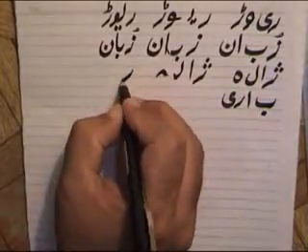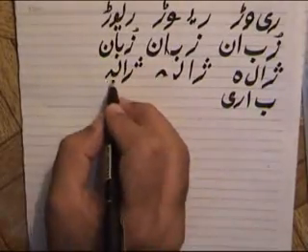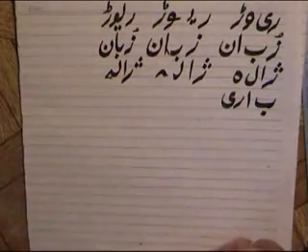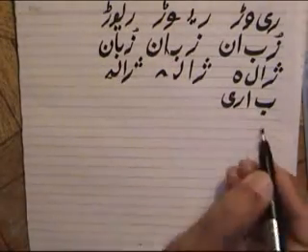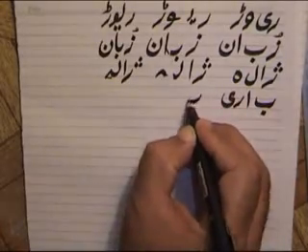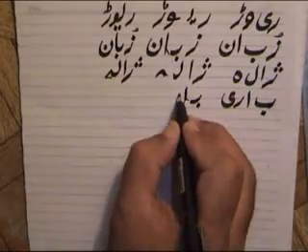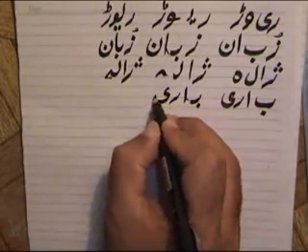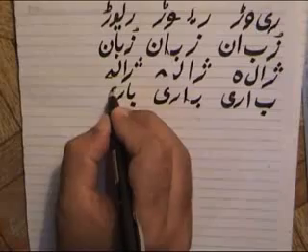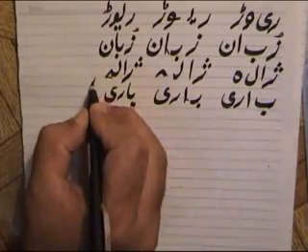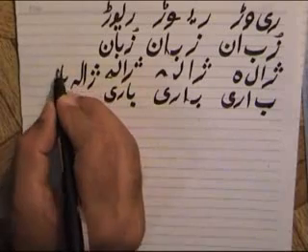So Jala, or if you want you can make it He, Jala. And then from Bari we have Be in initial position, then Alif with connector here, and Re and Ye will appear as independent. So Bari. So we'll write Jala Bari.